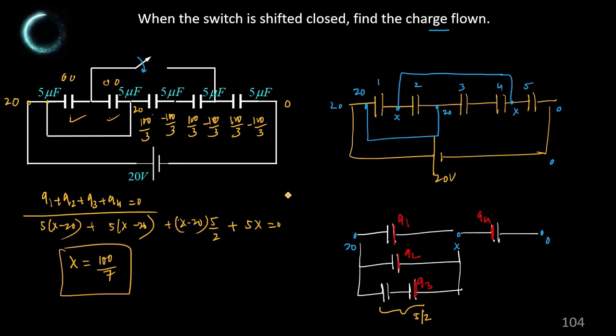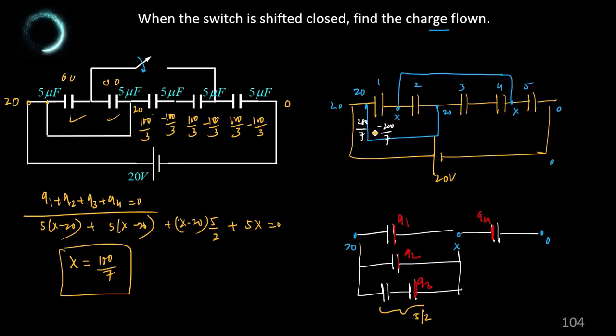Now once we find the potential 100 by 7, I can write the charge on each and every capacitor. Across capacitor number 1, the potential difference is 20 minus X. So Q1 should be equal to 200 by 7. Here the charge is 200 by 7, here the charge is minus 200 by 7.